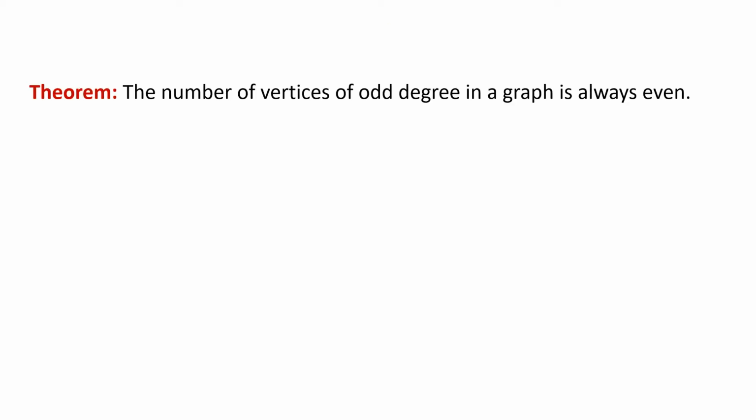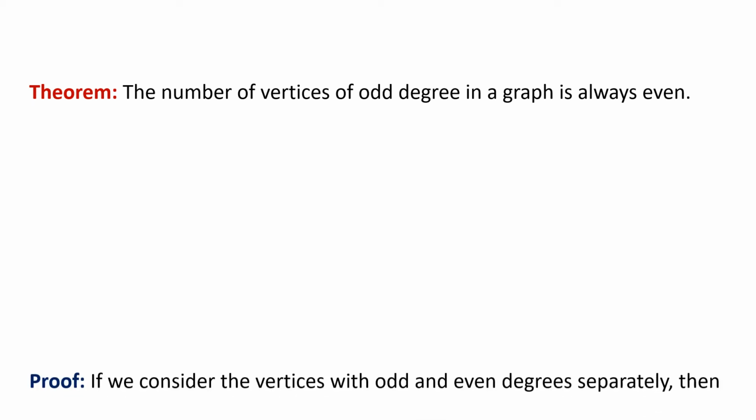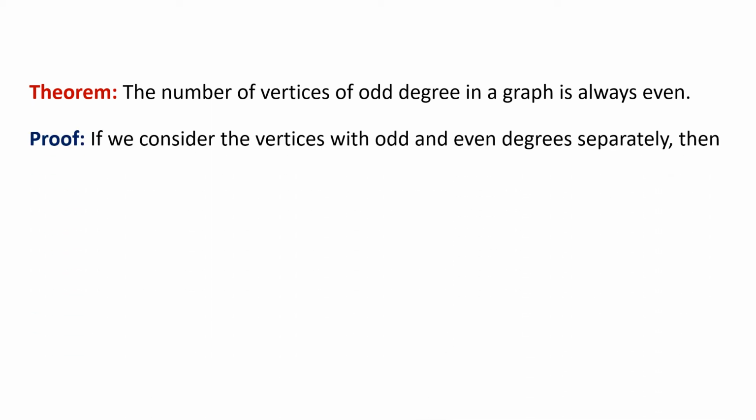Theorem: the number of vertices of odd degree in a graph is always even. Proof: if we consider the vertices of a graph with odd and even degrees separately, then we get sigma i equal to 1 to n d of Vi, that is, the sum of all the degrees of vertices is equal to sigma d of Vj over even degree vertices plus sigma d of Vk over odd degree vertices.